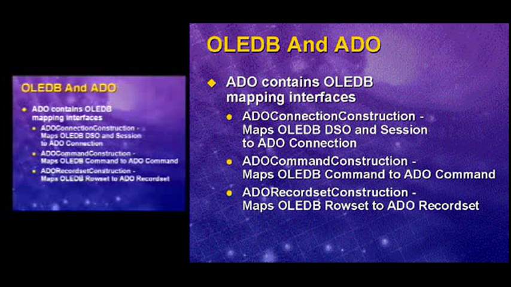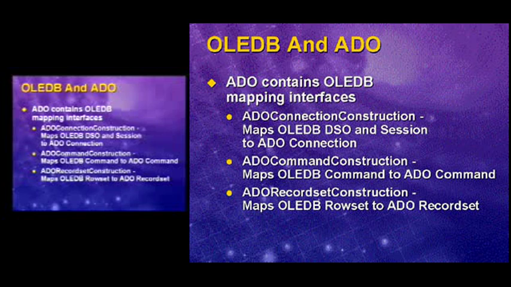The one that I'm going to use in this object is called IConnectionConstruction. And IConnectionConstruction allows you to pass in an OLEDB data source object and an OLEDB session object, which encapsulates the session in OLEDB, and it will return you back an ADO connection object. Cool. This is specifically what I want to do because in order to manually enlist in transaction, I had to use those OLEDB objects right now.